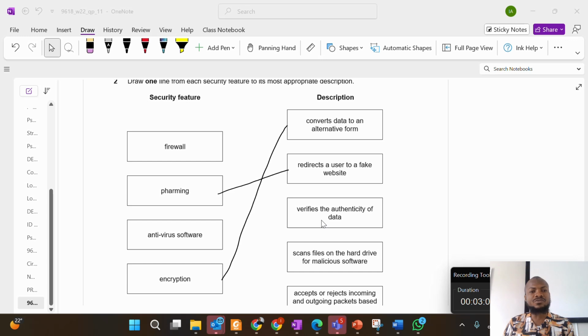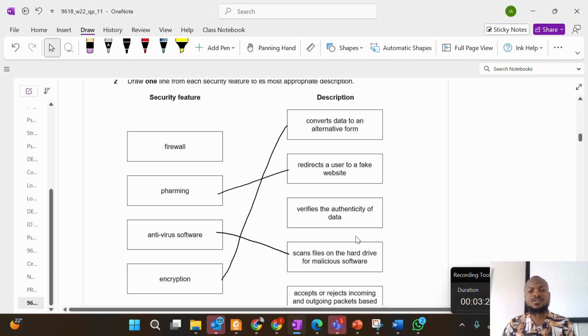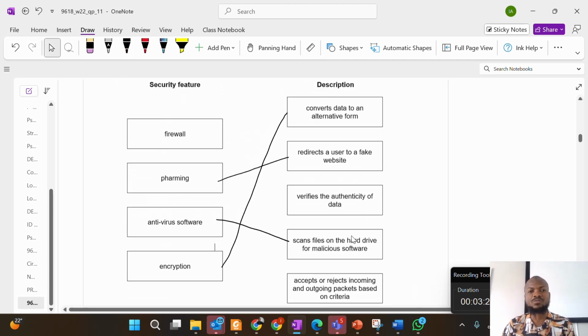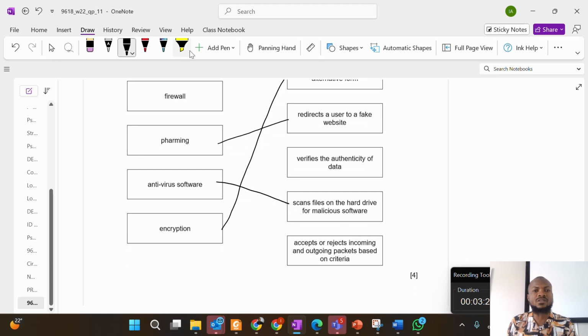Verifies the authenticity of data. That is not here. It's not in any of these 4 things that I just explained. Scan files on the hardware for malicious software, that is antivirus software. And accept or reject incoming and outgoing packets based on criteria, that should be firewall. I hope this is understood.